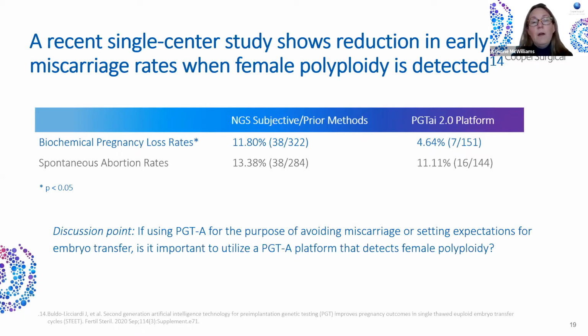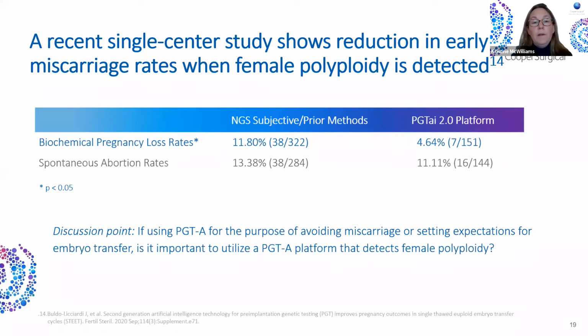As a reminder, the PGTai 2.0 platform, which also includes a plus testing option, analyzes not just the copy number variants, or CNVs, that are common in older forms of PGTA NGS, but also SNPs, single nucleotide polymorphisms, which together help both better resolve mosaicism events, but importantly, also finally be able to distinguish female polyploid embryos from their euploid counterparts.